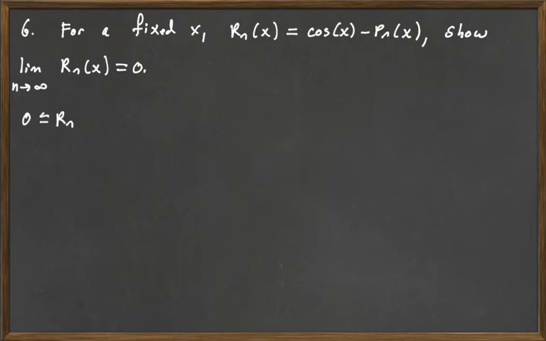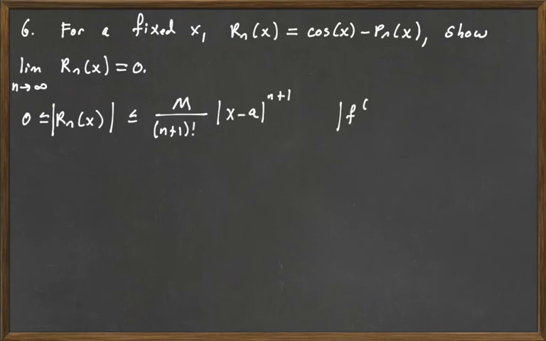So we know that 0 is less than or equal to the absolute value of the remainder, which is going to be less than or equal to M over n plus 1 factorial times x minus a to the n plus 1, and that's where M is going to be the bound on the nth derivative of f of x.